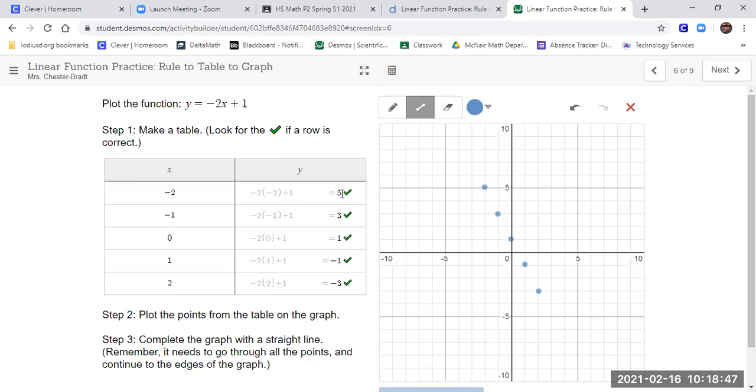So what would it be? We're working our way back. So what minus 2 made 5?